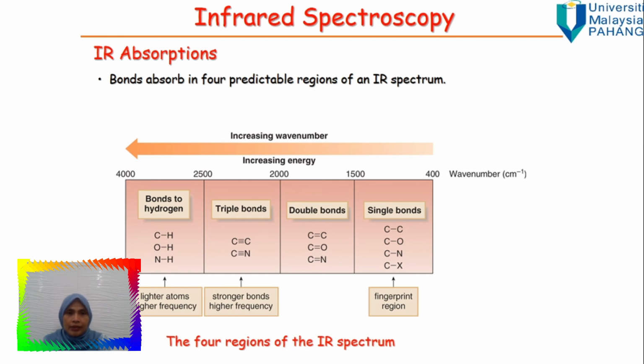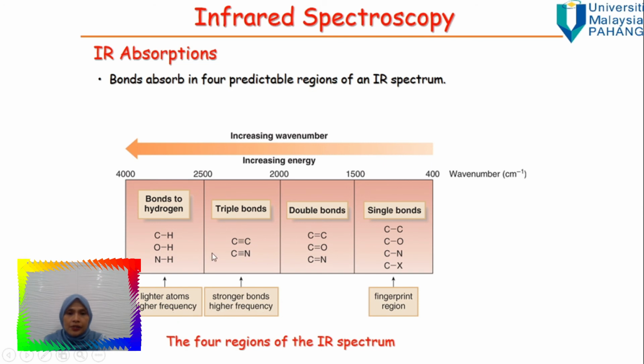This is the consequence. If we really understand Hooke's law, then we can see the trend of bond absorption in the IR spectrum is like this. When the bond strength increases, the frequency increases. And with a lighter atom, it goes to a higher frequency.